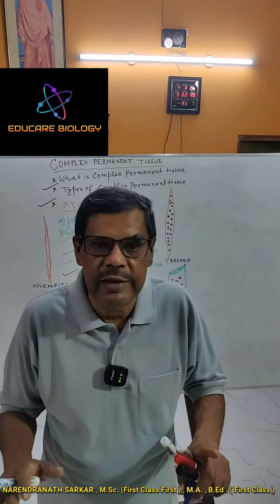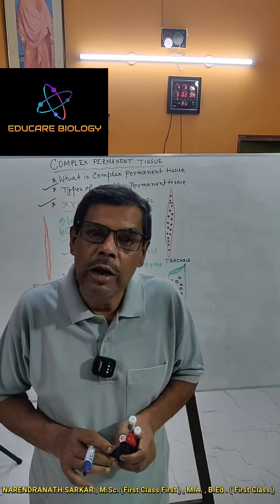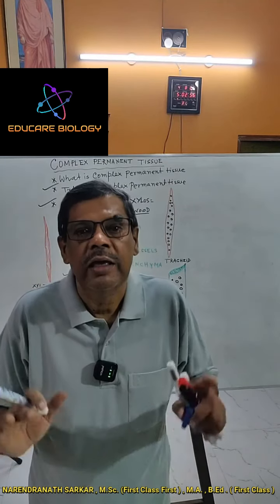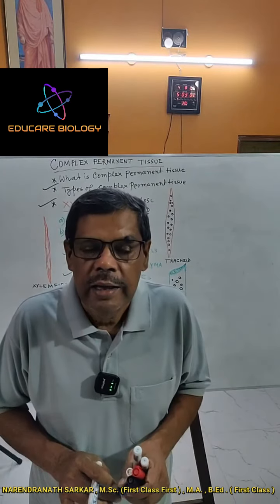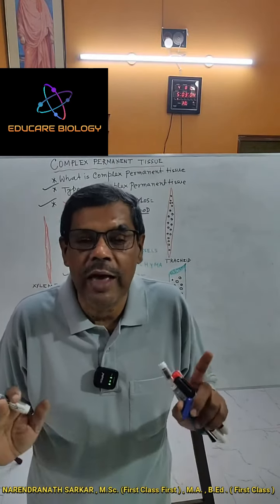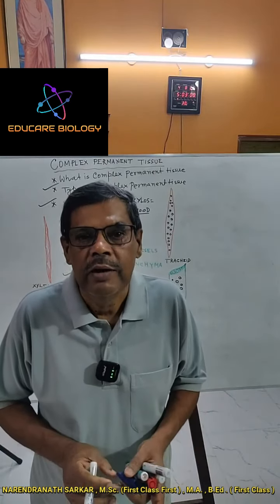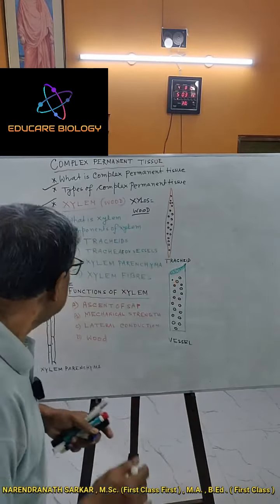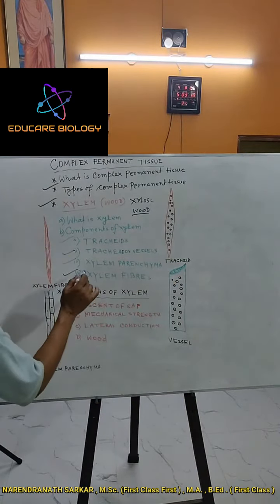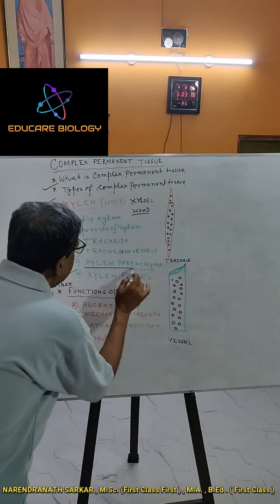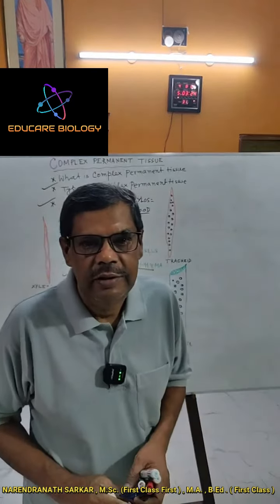Of these four types of cells which constitute the xylem, only xylem parenchyma is living. All other three types are dead cells.